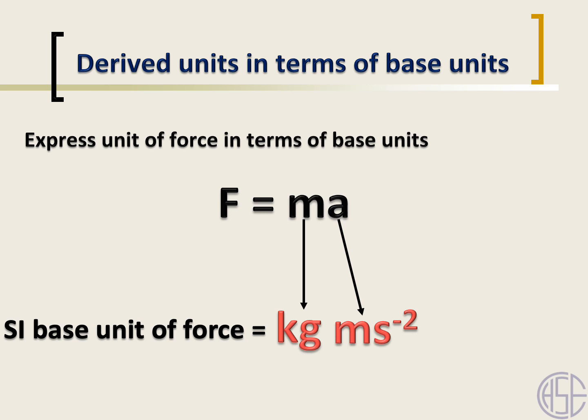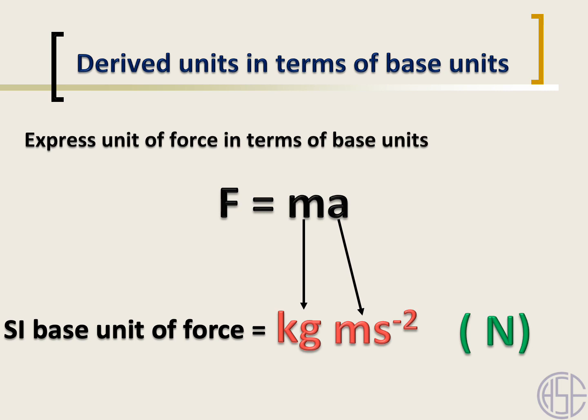That's how you convert any unit. This is the example of Newton converted to its base units. Like this, you can convert any derived quantity to its base quantities or to its base units.